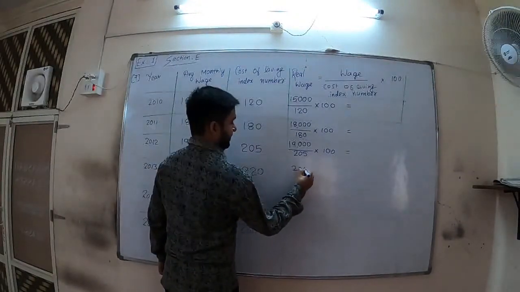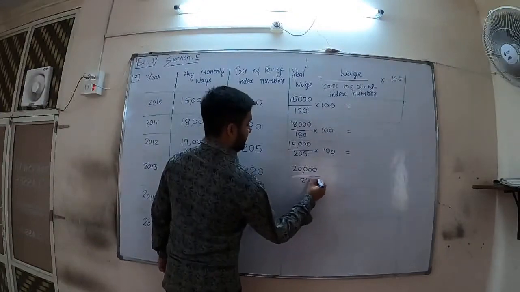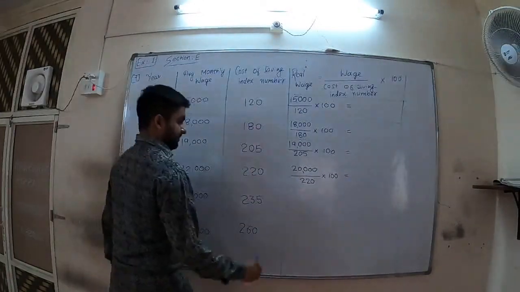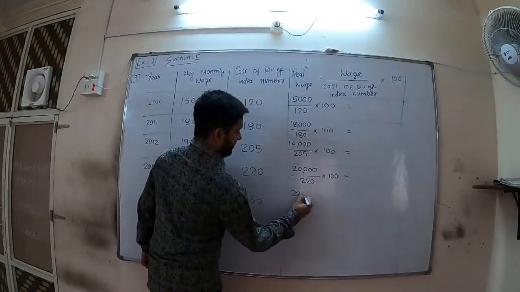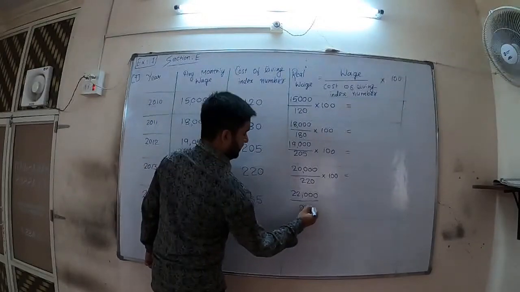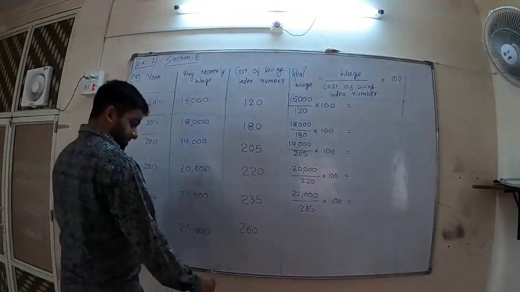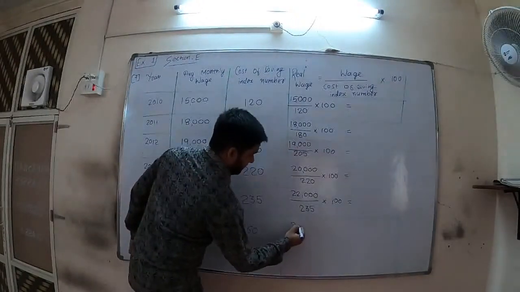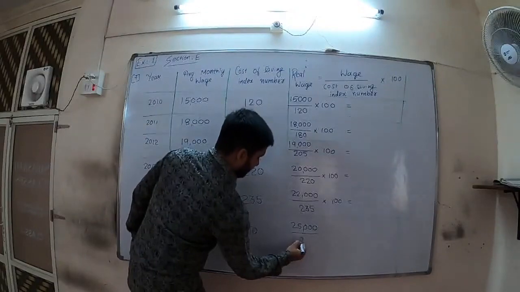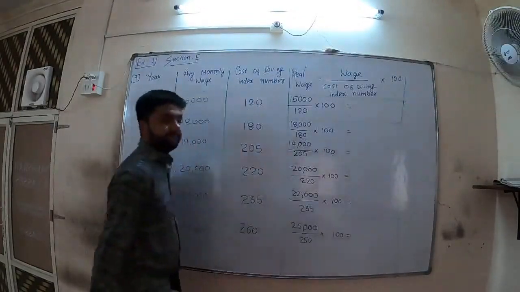Then 20,000 divide 220, multiply 100. Now 22,000 divide 235, multiply 100. Last 25,000 divide 260, multiply 100.